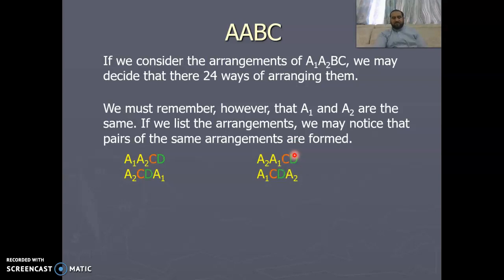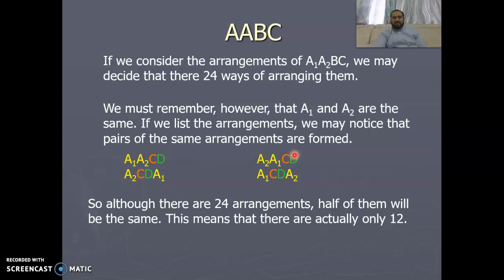So it will be A1, A2, C, D; A2, A1, C, D; A2, C, D, A1; and A1, C, D, A2. So although there are 24 arrangements, half of them will be the same. So this means that there are actually only 12.